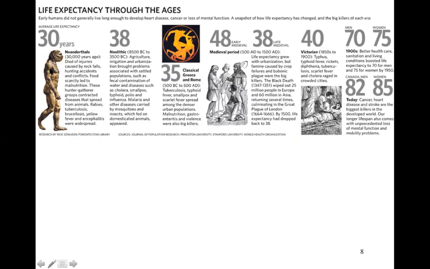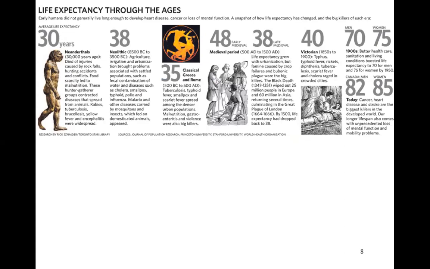So if you think about it, starting here about 30,000 years ago, which I think is a rough estimate of when Homo sapiens, us, we sort of separated from our closest ancestor at the time, the Neanderthals, right? So about 30,000 years ago, if you thought about Neanderthals, this is kind of funny. The average life expectancy would be about 30 years, right, for a Neanderthal, for a primitive human.